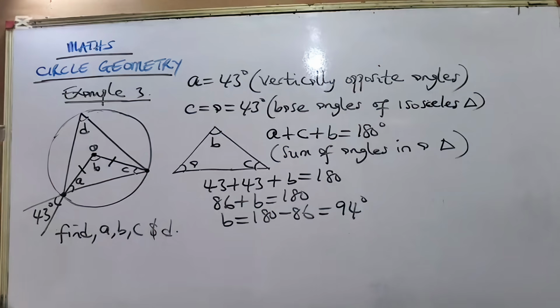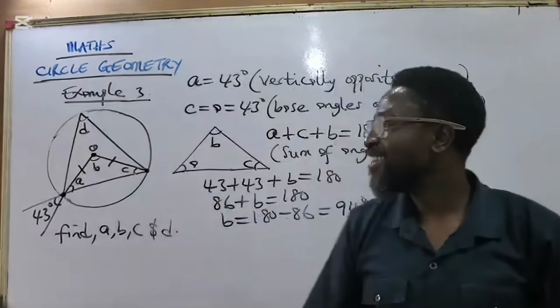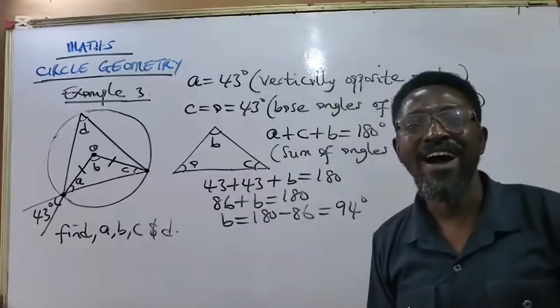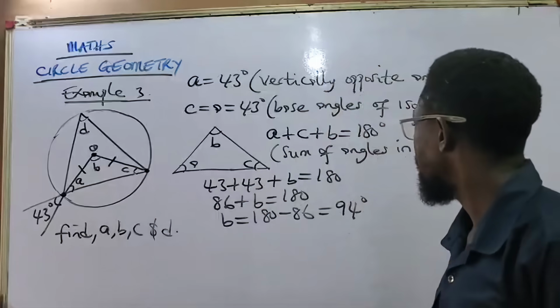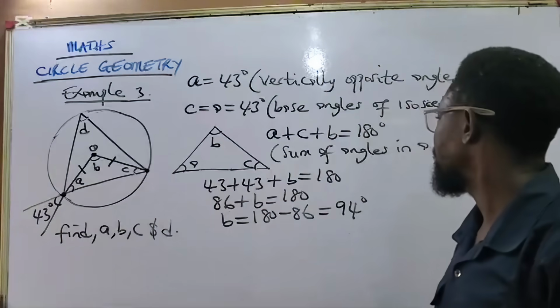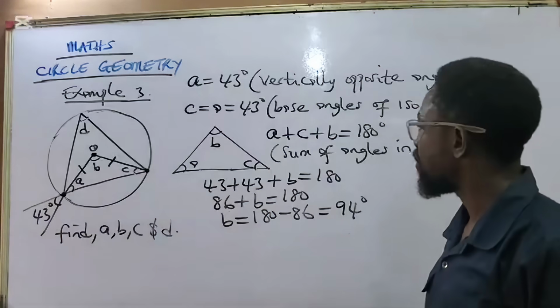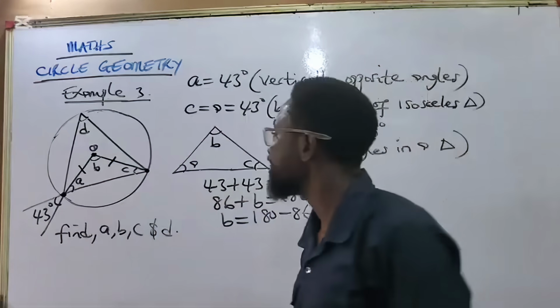The next thing I will do now is to get the value of D. Now come back to circle geometry. So now this one becomes the angle at the center. We know that the angle at the center is twice the angle at the circumference.